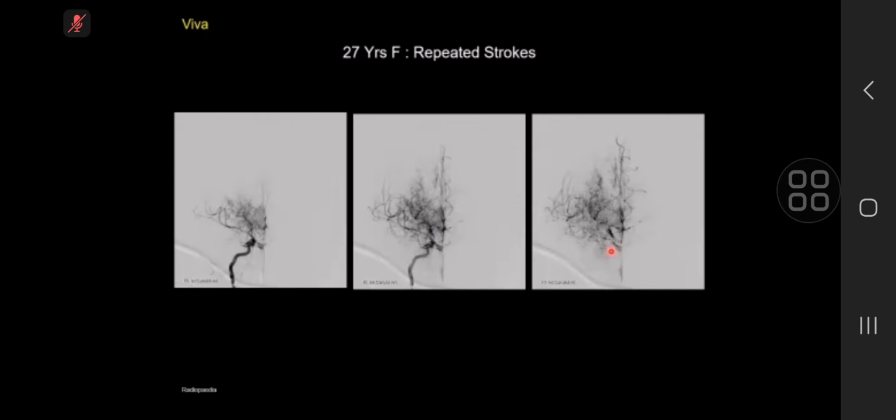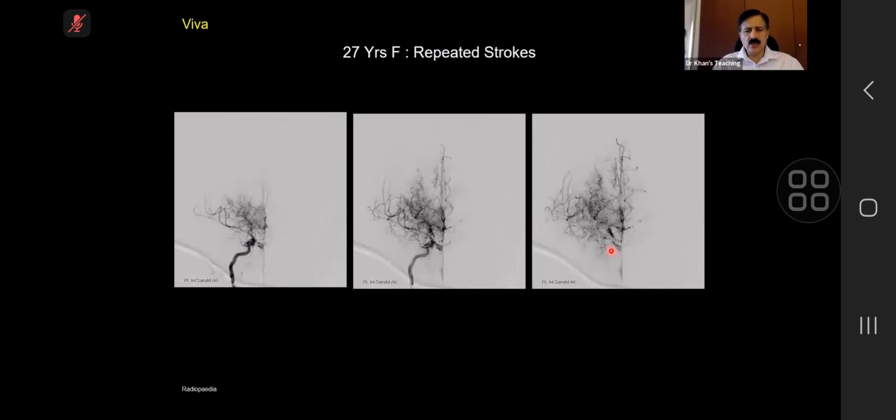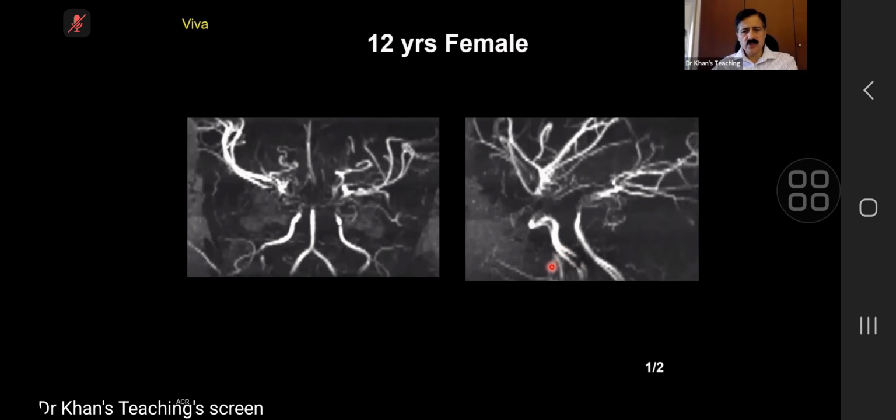Later on, people saw that this pattern is also seen in other chronic illnesses like erythematous diseases. We call it Moya-Moya syndrome, and some people call it Moya-Moya pattern also. So Moya-Moya disease will be bilateral, in children or young adults.